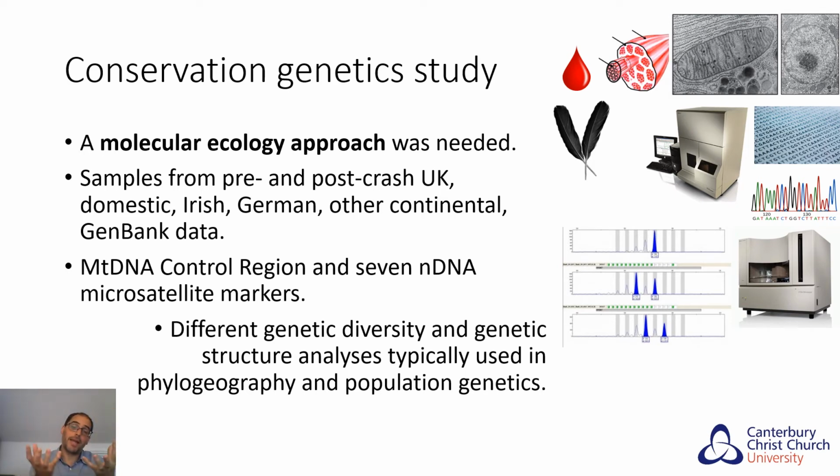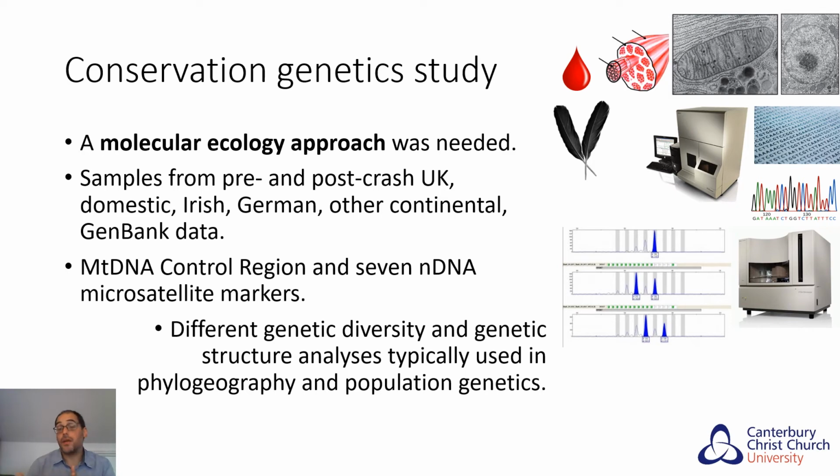And once we have collected this data, then we start looking at, okay, how genetically diverse our populations are in terms of mitochondrial DNA and in terms of nuclear markers. And we ask the question, okay, how many heterozygotes we have, and how many haplotypes do we have?